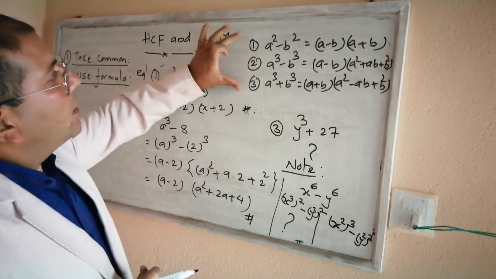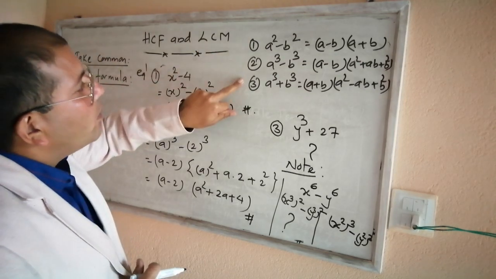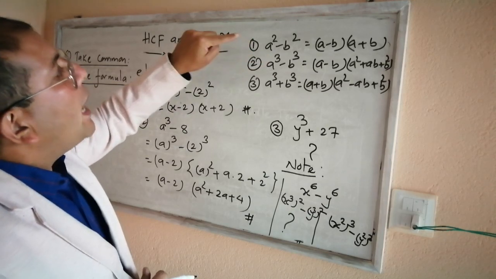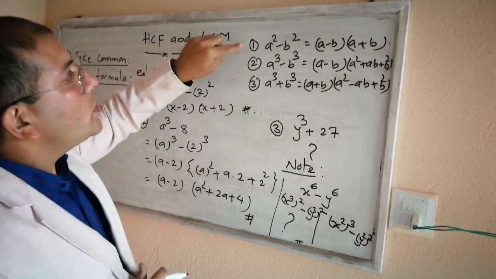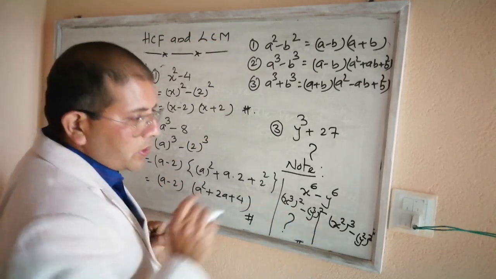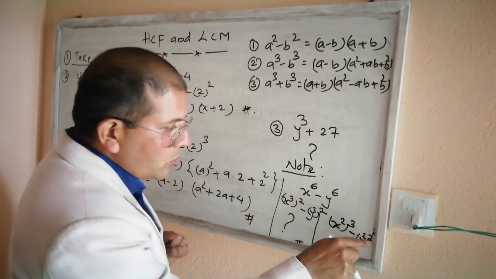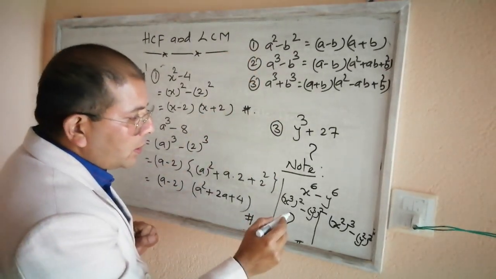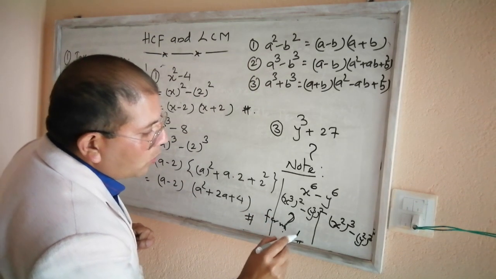Now look at this formula. In these three formulas, here is 2, here is 3. Which comes first? This first one. Use the first formula. That means in these two tricks, here is square, square, here is cube, cube. So this comes first. So for this one, you should use formula number 1.